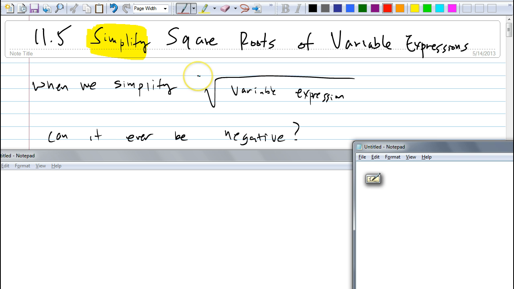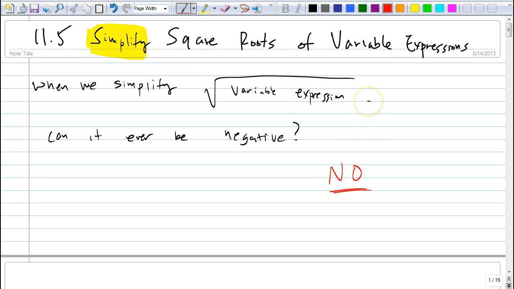There's nothing in front, right? So when you simplify a positive number, what do you end up getting? Positive number, right? Can a positive number be negative when you simplify? No, that's impossible. So that's the key idea. When you simplify a positive number, it'll always be positive.